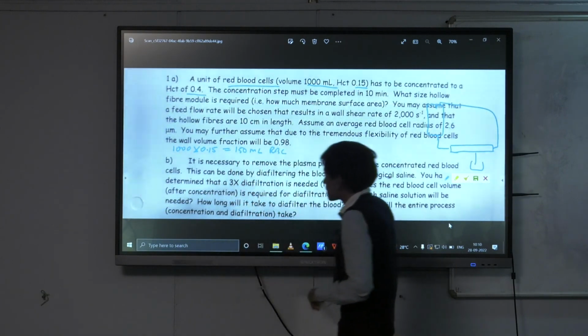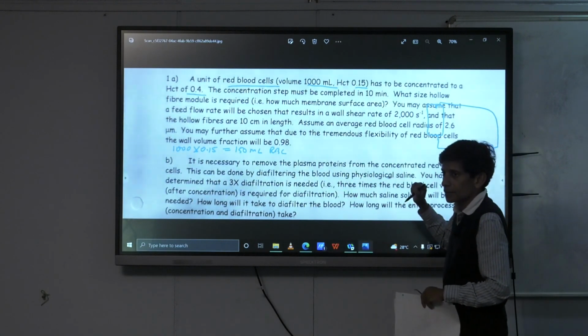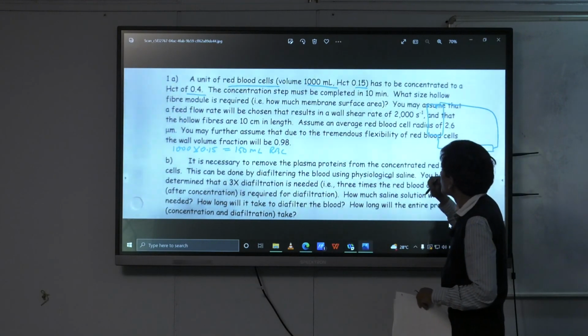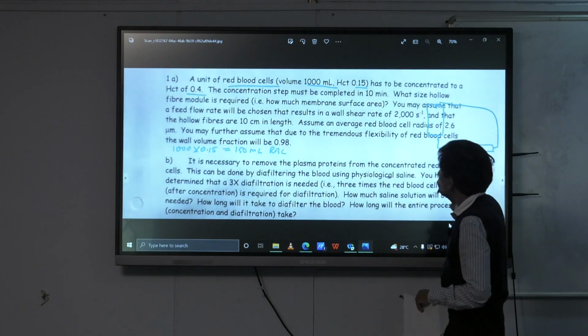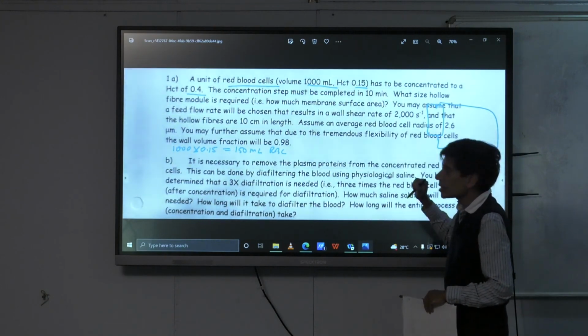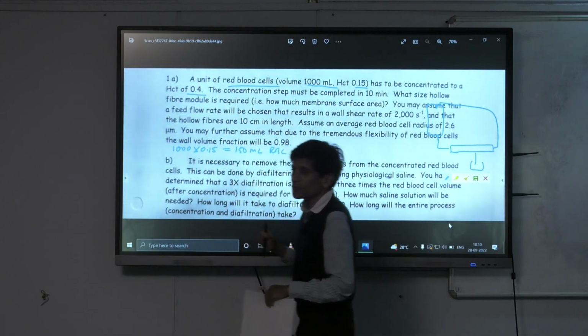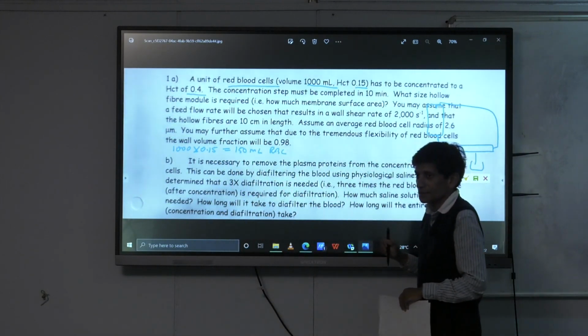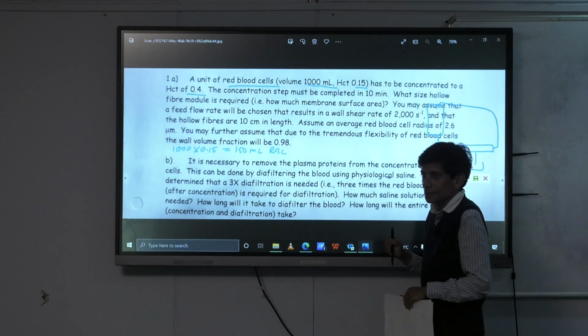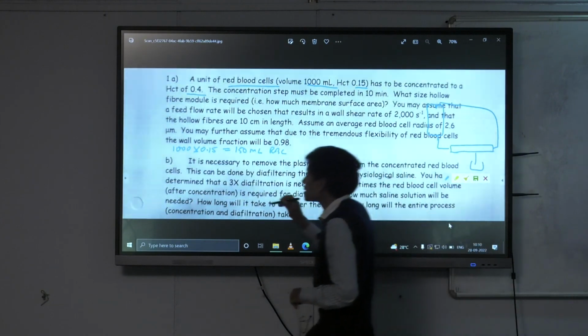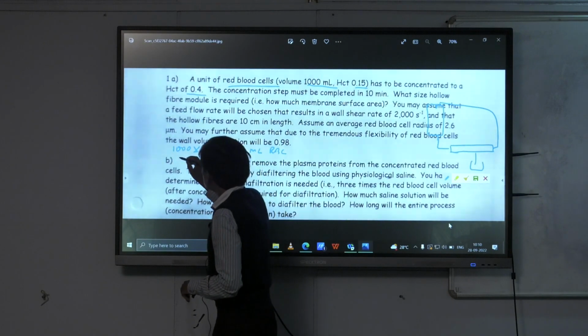Then what? Next, we have to get it to 400 ml. Why do you have to get it to 400 ml? You've got to get it to a concentration of 40%. Okay, all right. So you're going to say now, you want 40% of 1,000 ml.